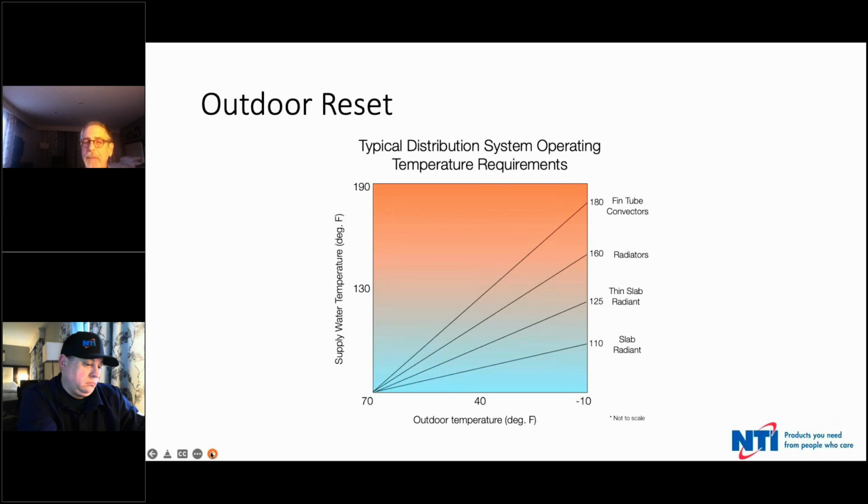They're kind of a mass system, so they don't need as hot a temperature as a fin tube or a convector like an air handler. Those tend to be the ones that need the hottest temperatures as the temperature falls. So this is typical. As I said, each system needs to be designed as a system.